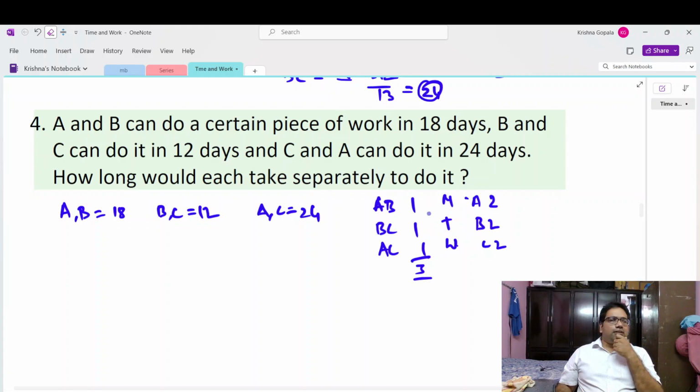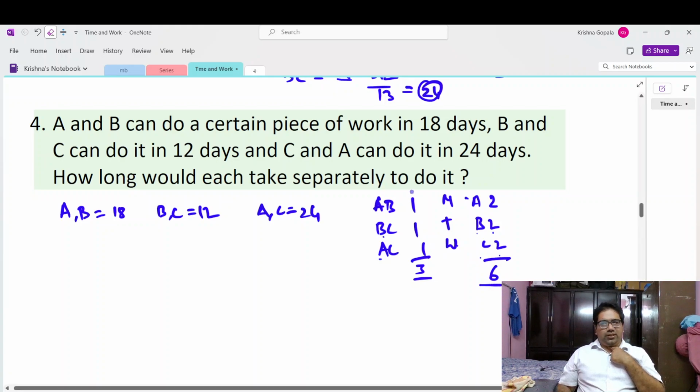Though together they have worked on one day, what that means is A has worked for 2 days, B has worked for 2 days, C has worked for 2 days. When you say A and B together worked for 1 day, B and C together worked for 1 day, and A and C together worked for 1 day, what does that mean? A worked for 2 days, B also worked for 2 days, C also worked for 2 days. Totally 6 days worth of work. Right. Together it is 3 days of work.